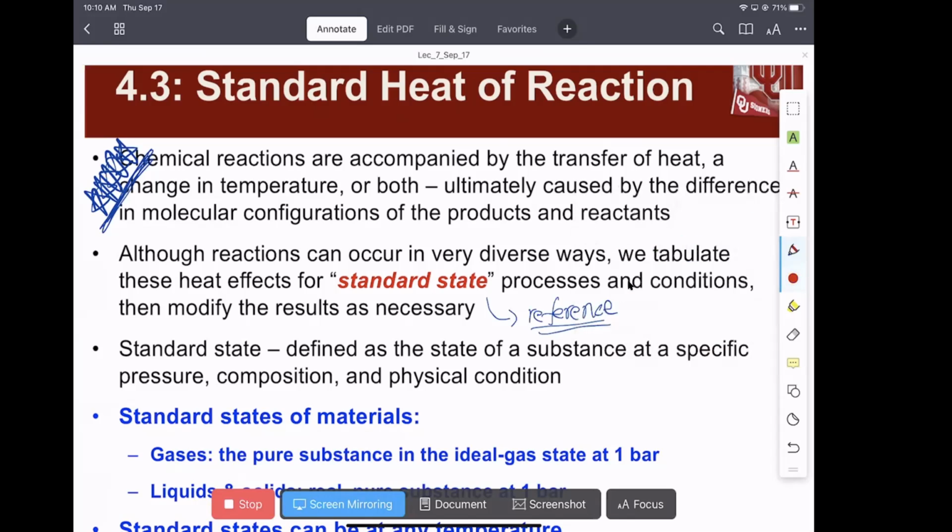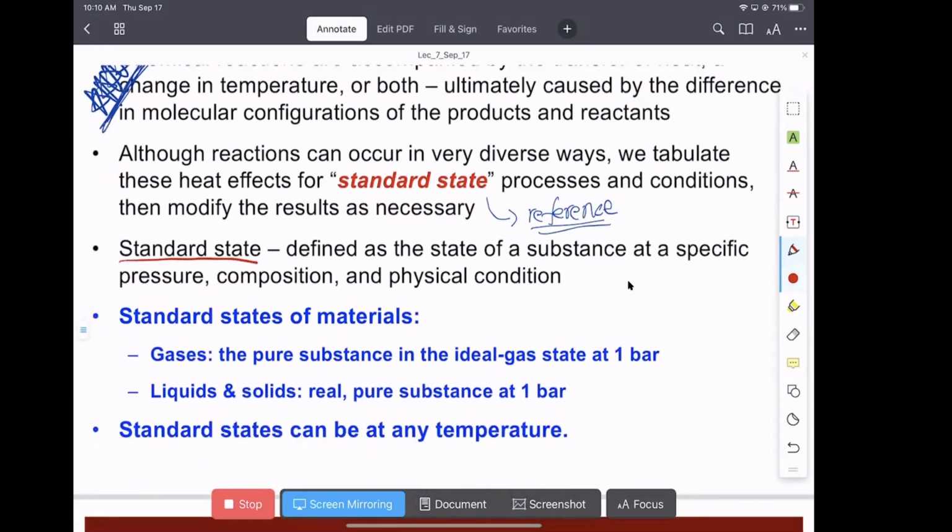On this slide, I have the definition shown in blue over here. For gases, that will include pure and mixture, we always go back to the pure substance in the ideal gas state at 1 bar.